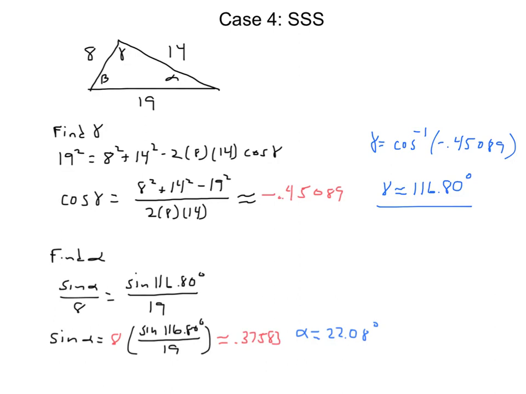So I know that angle beta is going to be 180 minus the 22.08 minus the 116.80 degrees. And so when I do those calculations, I find that beta comes out to be equal to 41.12 degrees.